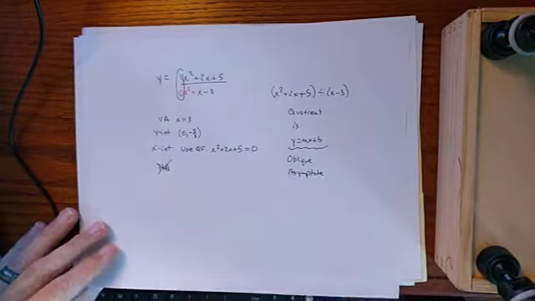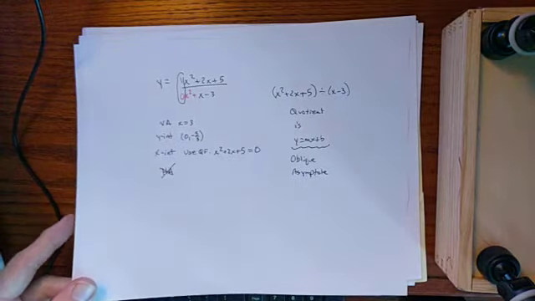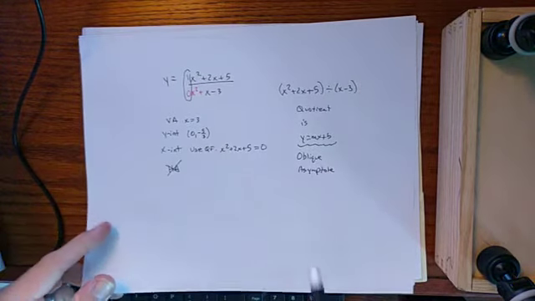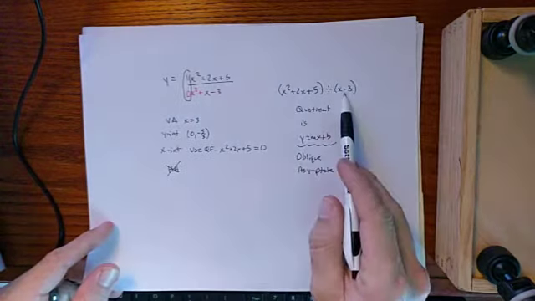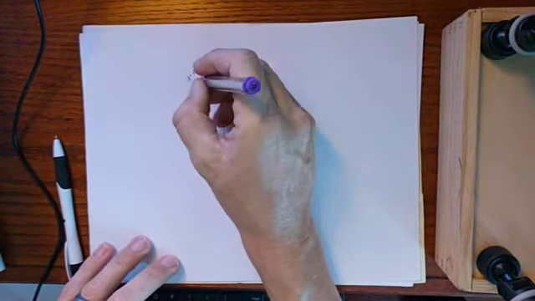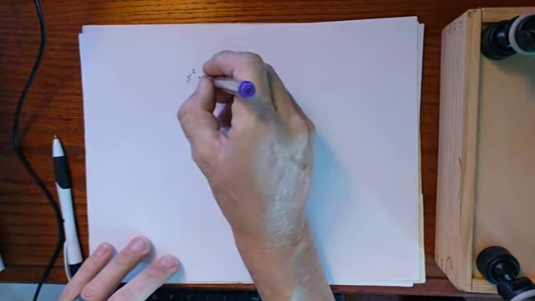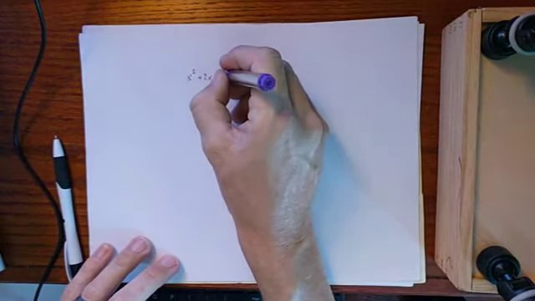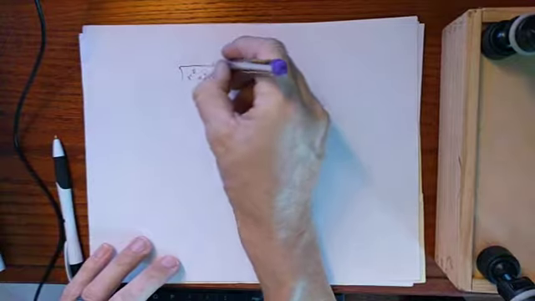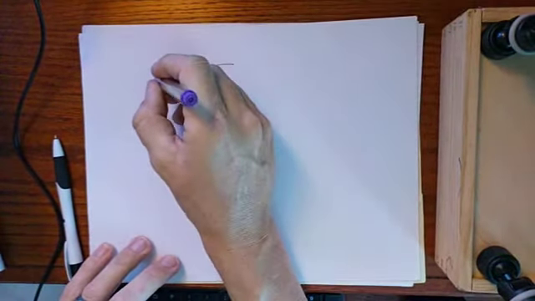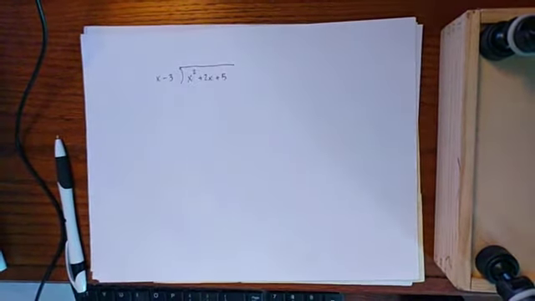This slanted asymptote. Well, the way that you do that, and I may have mentioned this in the previous video, is you do long division with this problem. So that'll give us a chance to review the long division process. What we're going to do is take x squared plus 2x plus 5 and divide it by x minus 3. You could do this with synthetic division as well, but I'll just do long division.